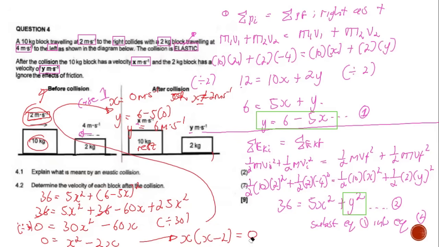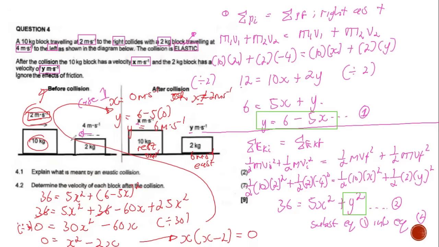So that only leaves us with x being 0 meters per second, which means it was brought to rest. And then this here being 6 meters per second, to which direction now? East. So that means it rebounded off the 10 kg block and gained velocity. Now it makes sense because the 10 kg is a heavier object.